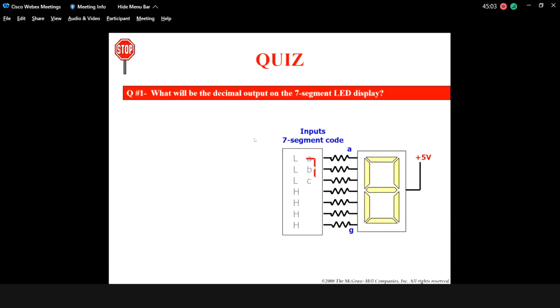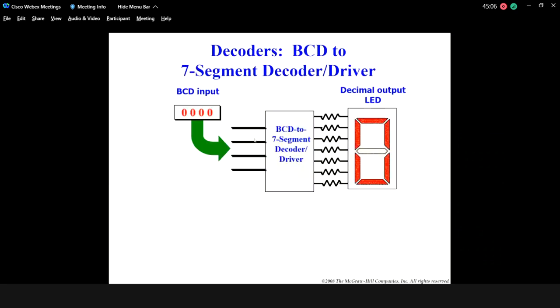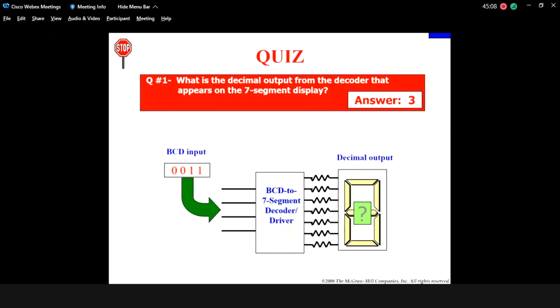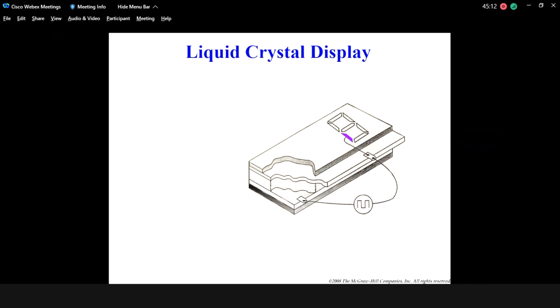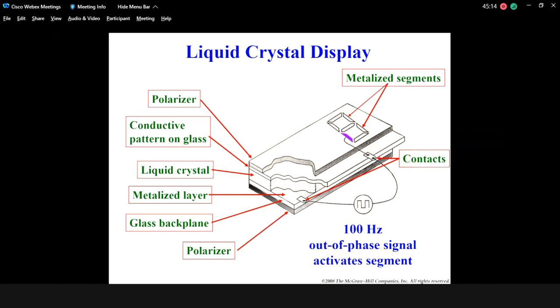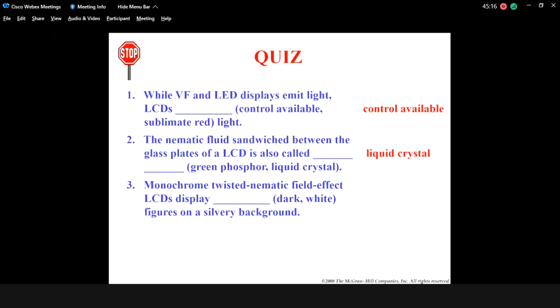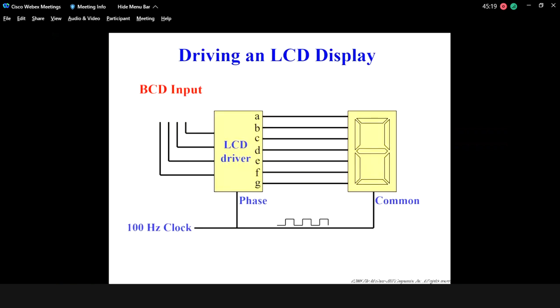Okay, for crystal display, I'm not going to cover it. You can read by your own. But this one is just information on how it works.